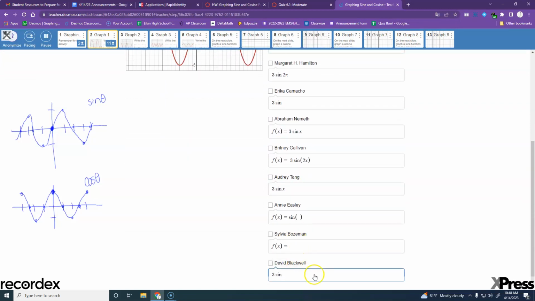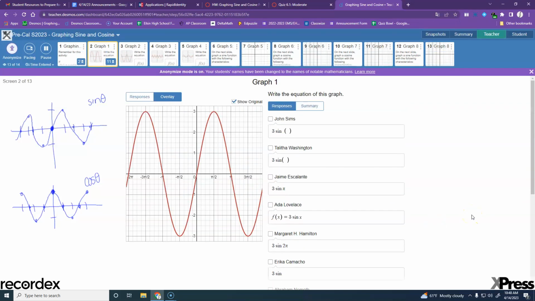Do me a favor when you type it in. At the beginning, you either need to put a y equals or f of x equals, because it's technically not an equation unless it has that y equals or f of x equals.